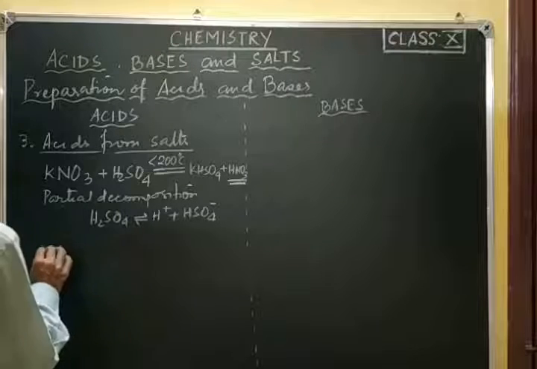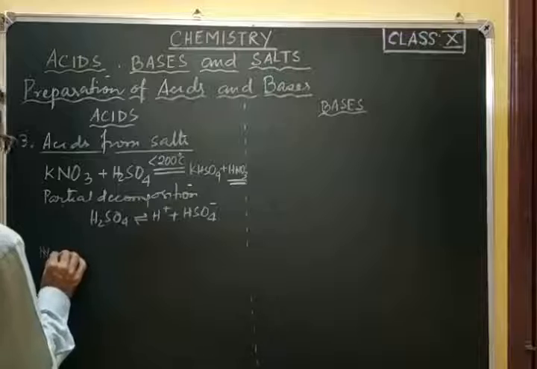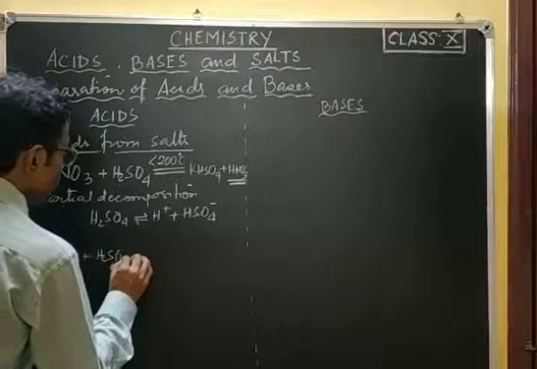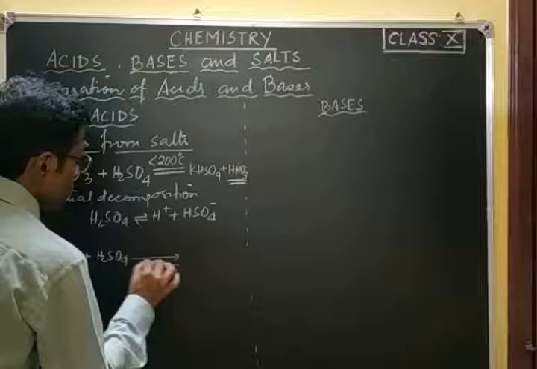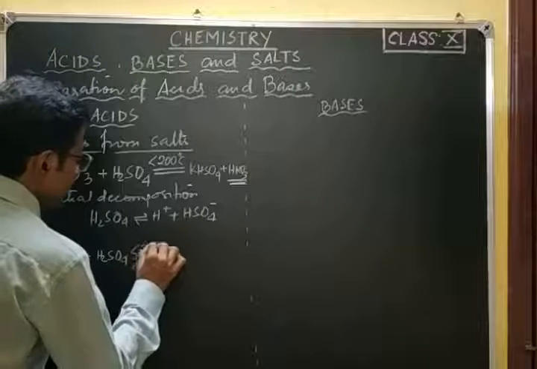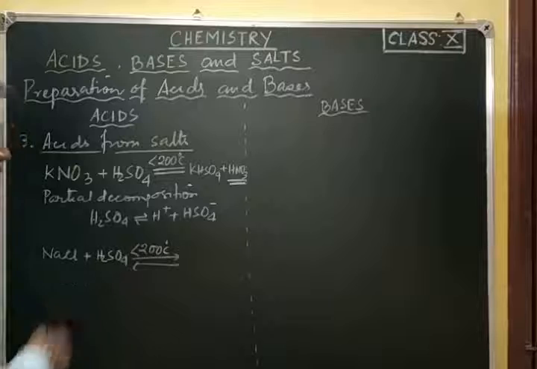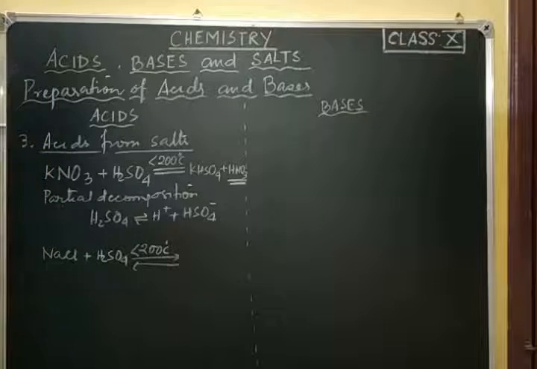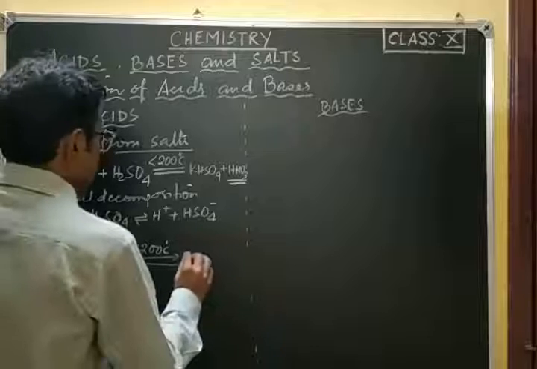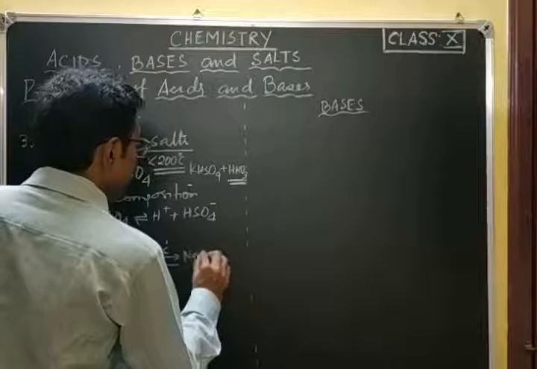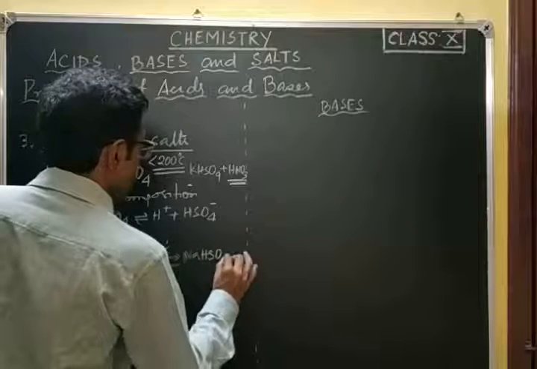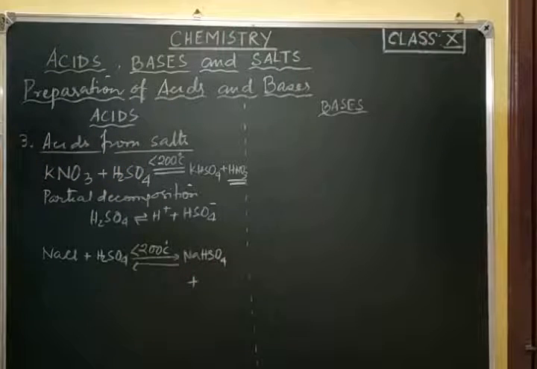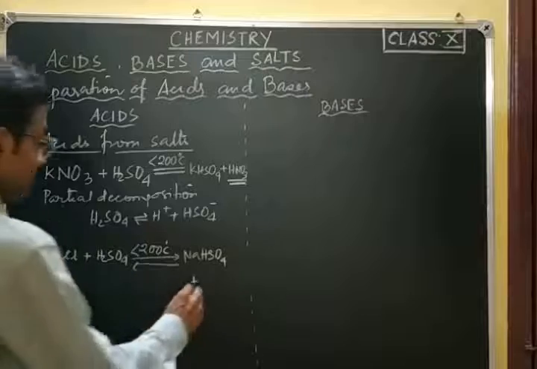Similarly, if I take, say, NaCl, sodium chloride, on reaction with H2SO4, here also below 200 degrees Celsius and above 200 degrees Celsius, we will come to that in another chapter, that is compounds. Here you can take sodium bisulfate NaHSO4 plus HCl.